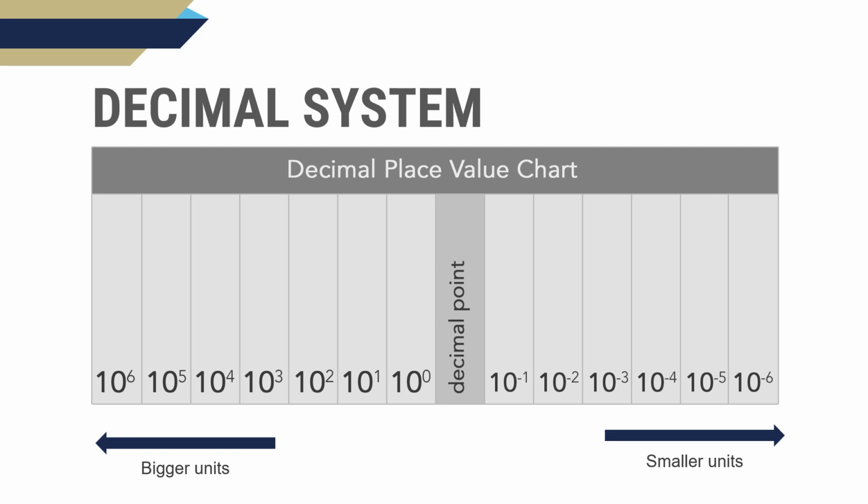Digits in the ones place are really multiples of 10 to the power of 0. Digits in the tens place are multiples of 10 to the first power. Digits in the hundreds place are multiples of 10 to the second power. Similarly, on the decimal side of the chart, place values change in the same fashion, just with negative exponents. The negatives sometimes do confuse people, but know that negative exponents don't mean negative numbers, they just indicate a fraction, a decimal.